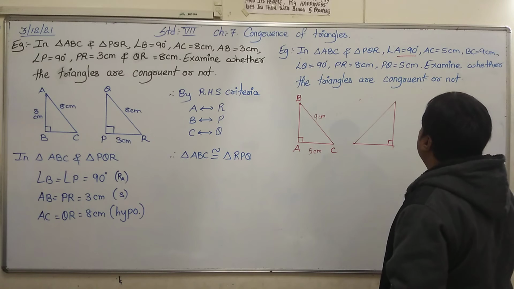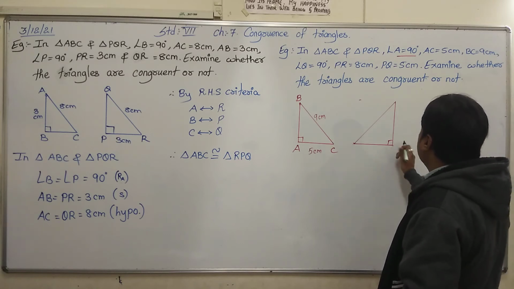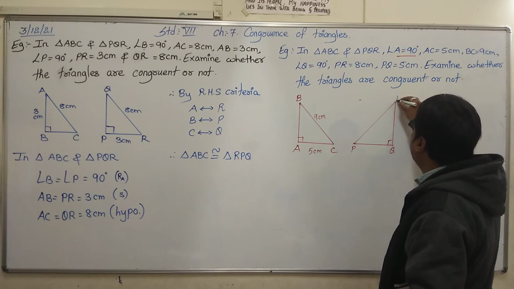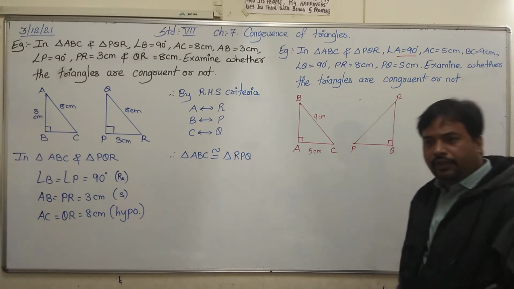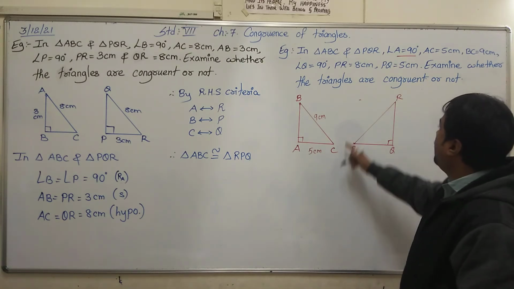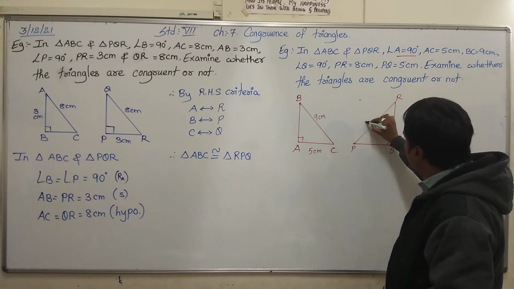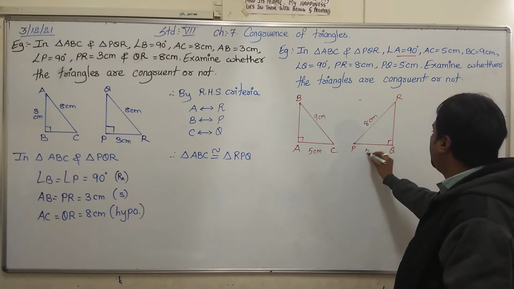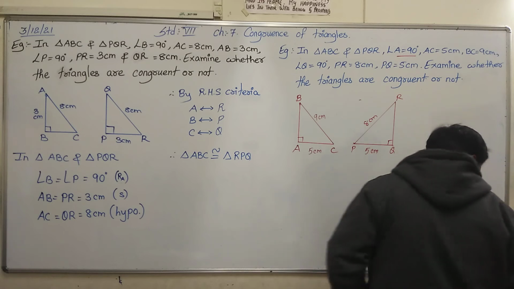Right angle is at Q. PR 8 centimeters. PQ 5 centimeters. So let's write.